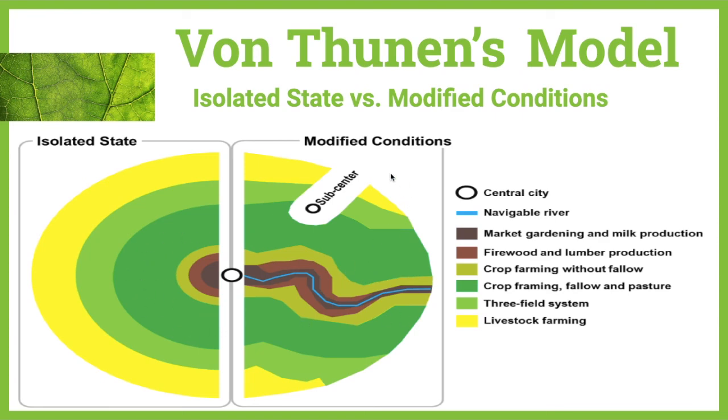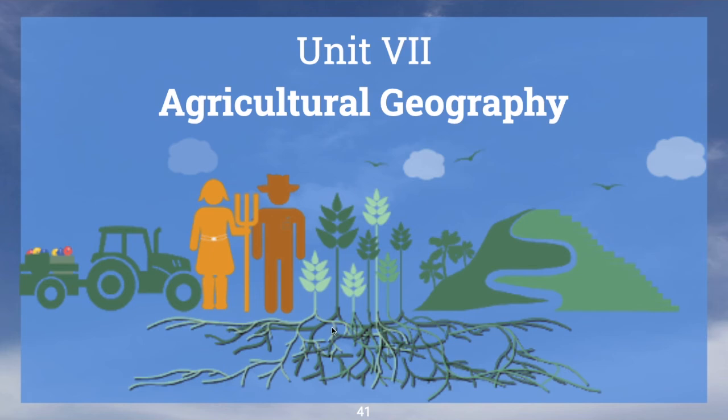So this is the modified state of von Thunen's model, taking into account modern technology, modern systems, different innovations that we've developed in agricultural behavior over the last couple hundred years. And because of those things, we can modify the land to even better meet our needs when it comes to farming. So that's it for von Thunen's model.